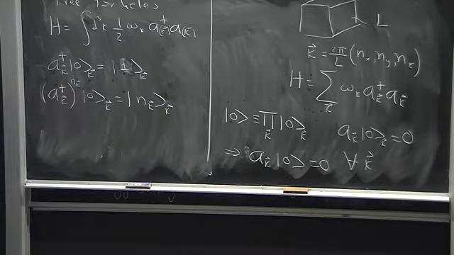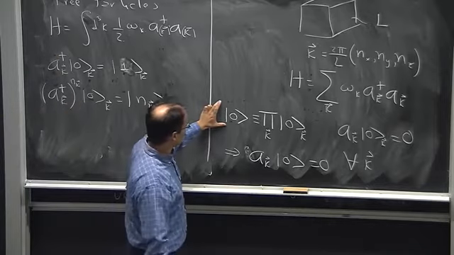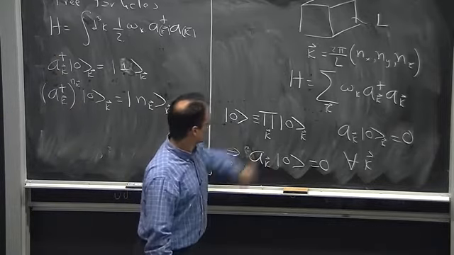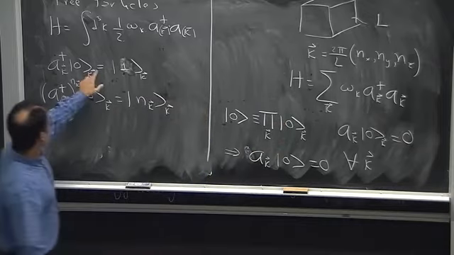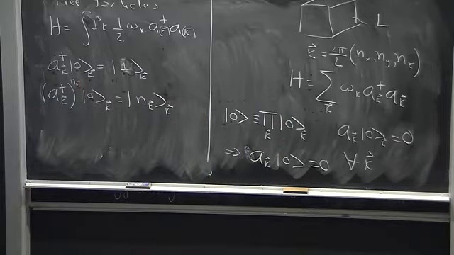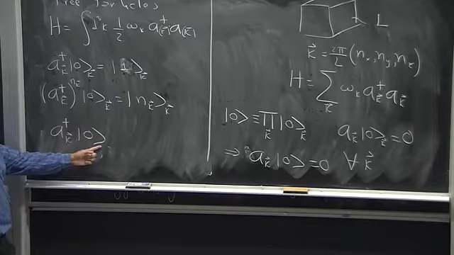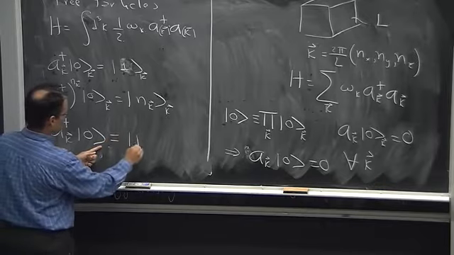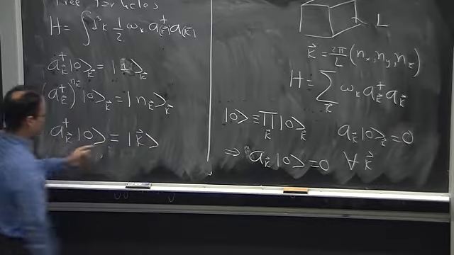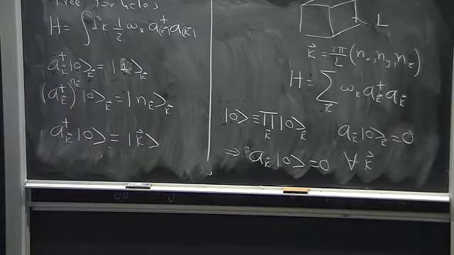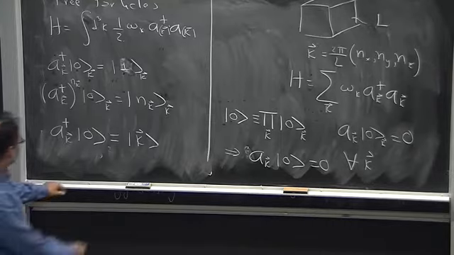If we now act with this on the full vacuum of the theory, we get an excitation with only that oscillator excited. We're going to call that object, when acting on the full vacuum, |k>.